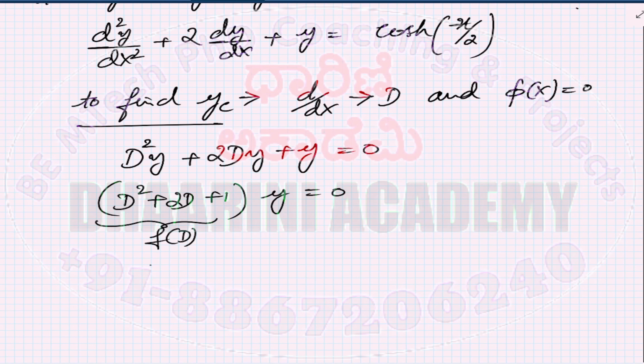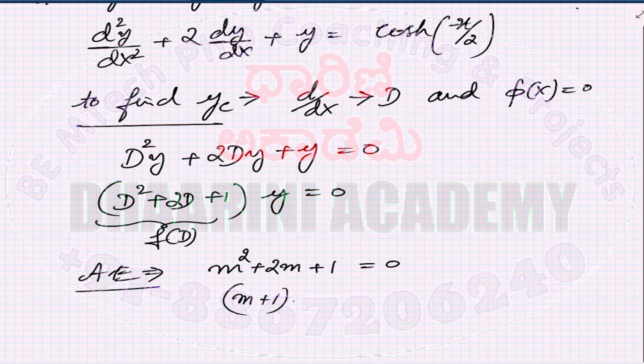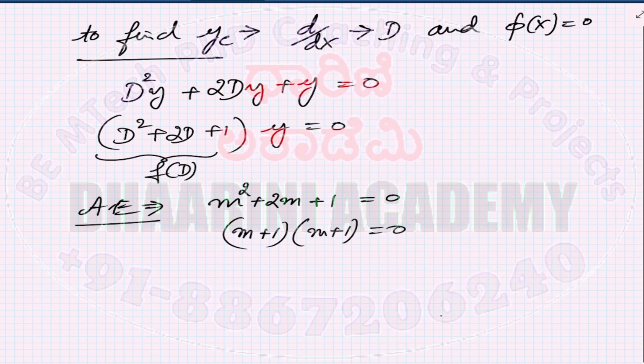So this will be my f of d. I'm going to use this in the calculation of yp later. Okay, now I write the auxiliary equation AE. That means replace d by m: m square plus 2m plus 1 equal to 0. It's a perfect square if you observe. So I have m plus 1 into m plus 1, these are the factors equal to 0. When that is the case, I understand that m is equal to minus 1 comma minus 1.